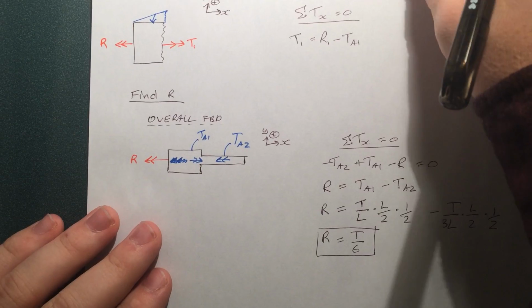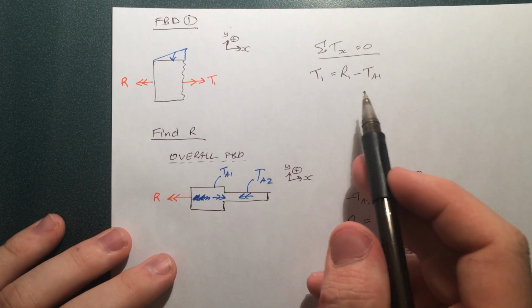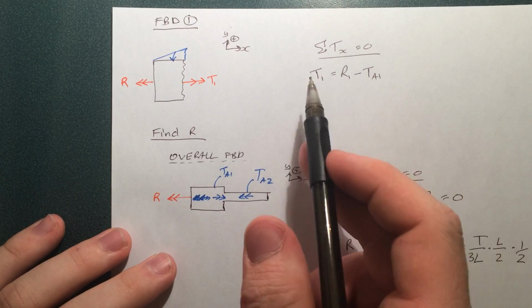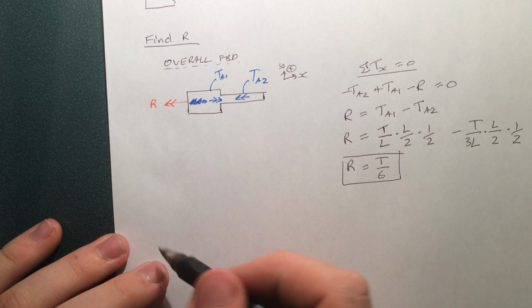Alright, so there you have it. That's the reaction, T by 6. Now we need to go ahead and find TA1 as a function of distance. So let's go ahead and do that.